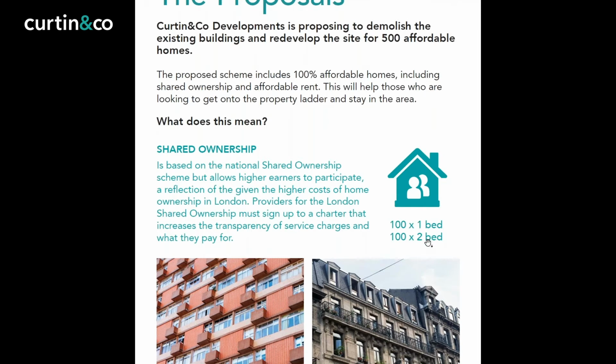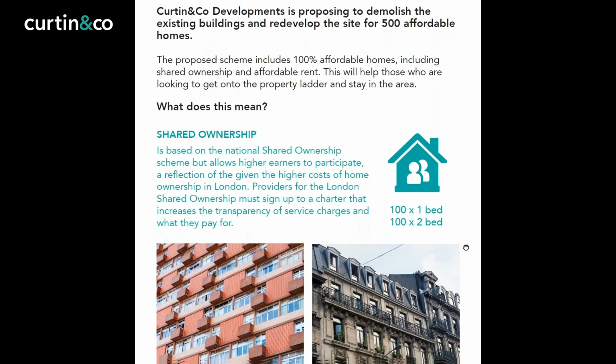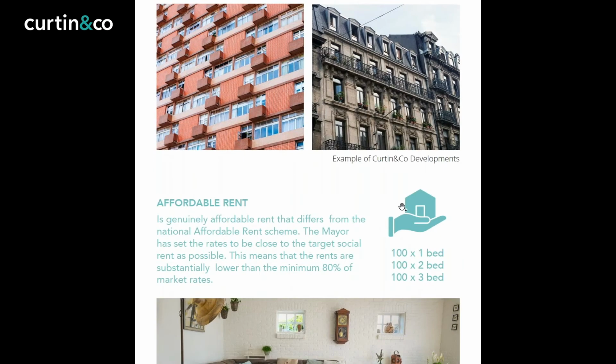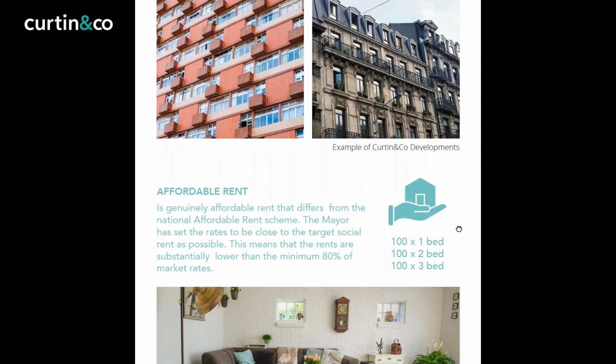This is the kind of thing you've probably heard on the news in terms of Help to Buy, where it's a foot onto the ladder at the very beginning. We are also providing affordable rent. Again, as you can see from the breakdown here, there are 300 affordable rent properties. Obviously, the Mayor of London is very supportive of this model, and I hope you can understand that this is a good scheme providing affordable homes to many people.